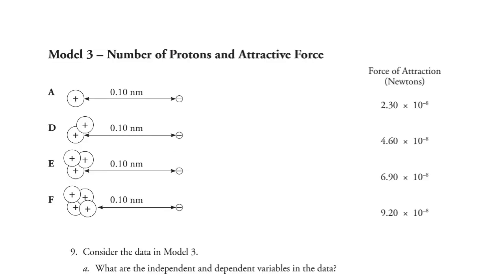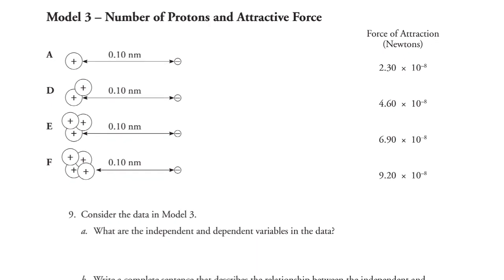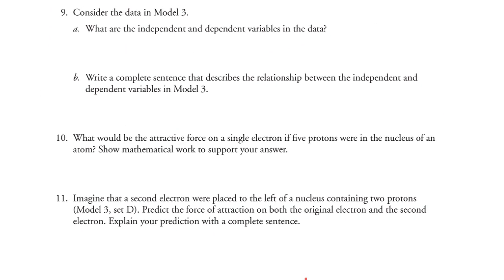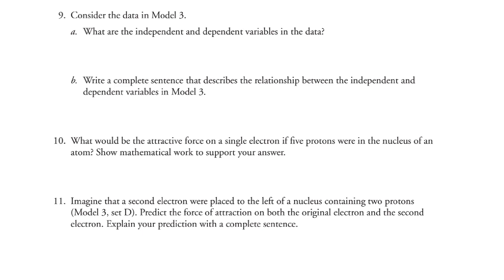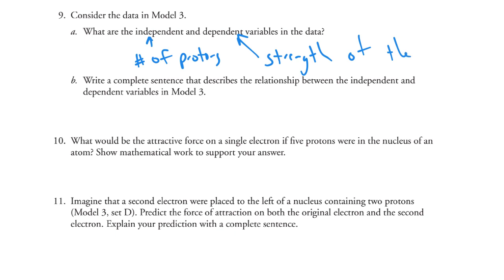Now Model 3 is going to help us investigate the number of protons and the attractive force. What are the independent and dependent variables? The independent is the number of protons, and the dependent is the strength of the force.